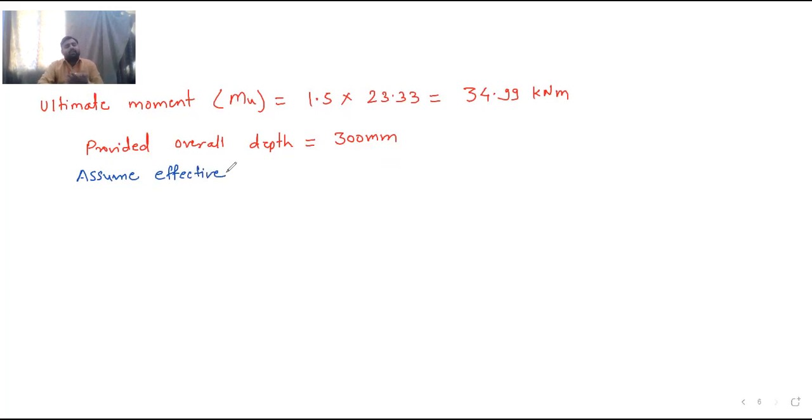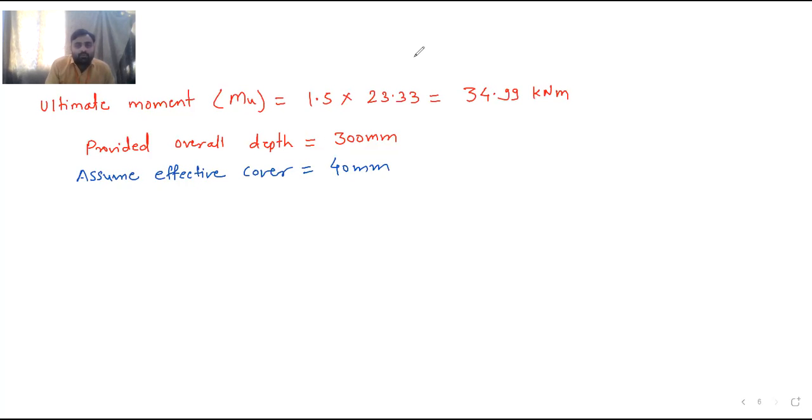I am not taking the clear cover, bar diameter and all that. Normally the effective cover for the retaining structures is 40 mm, 50 mm or 60 mm. Depends upon the site condition. So assume the effective cover, not effective depth. I will assume the effective cover which is equal to 40 mm.